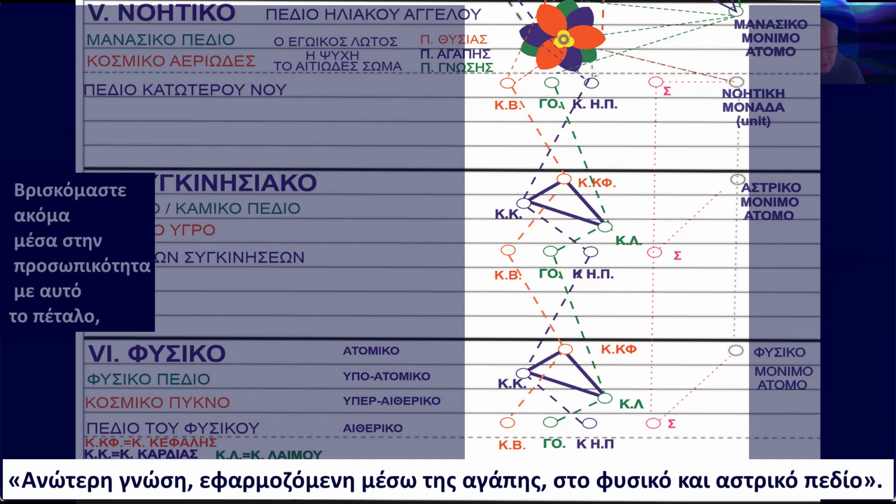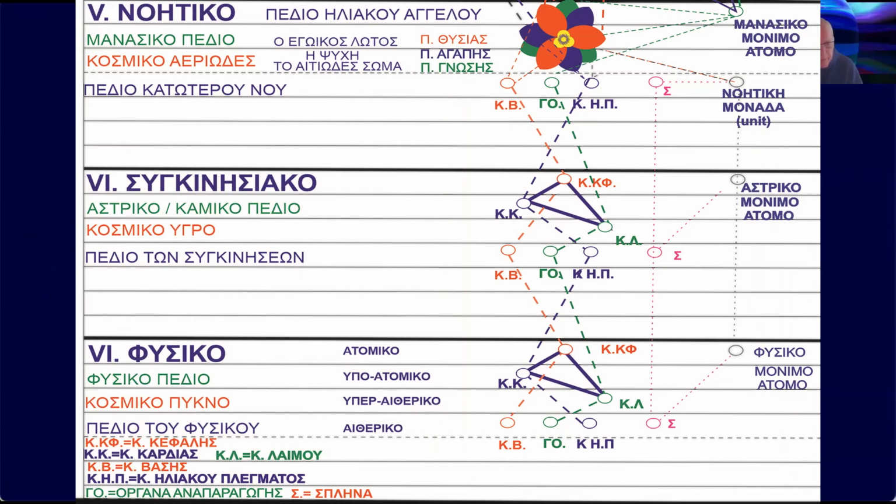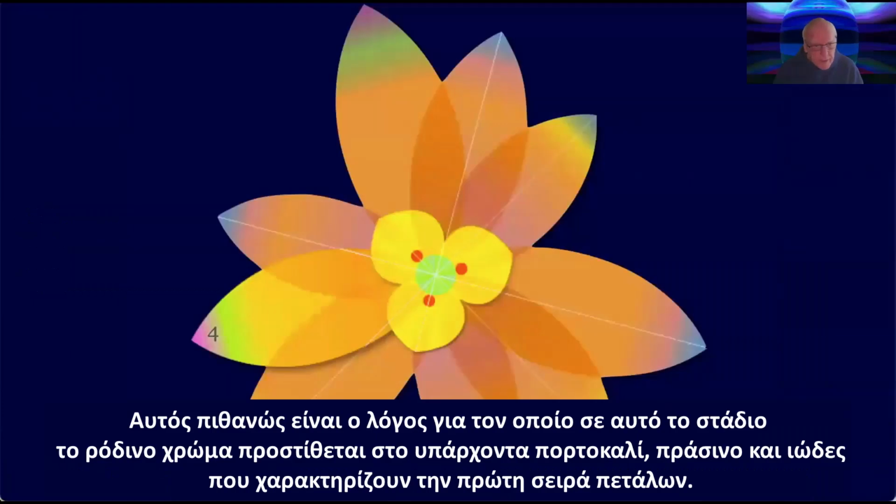We're still very much in a personality place with this petal, but these qualities of selfless caring and respect begin to come to the fore. It is perhaps for this reason that the color rose is added to the orange, green, and violet to characterize the first tier of petals.